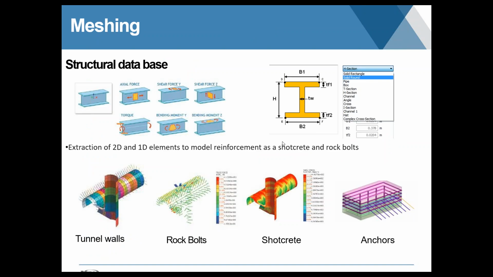But in the program, basically, for tunnels in 3D, your shotcrete support, your primary support system, will be modeled as a 2D shell element, although it can also be a solid. And then your secondary support, such as rock bolts, will be your beam elements or your truss elements. And you can also have beam frames as well, or anchors, so that your 1D elements end up becoming, you can define the shape and use them for this. And then you define the thickness of your shell for the shotcrete.